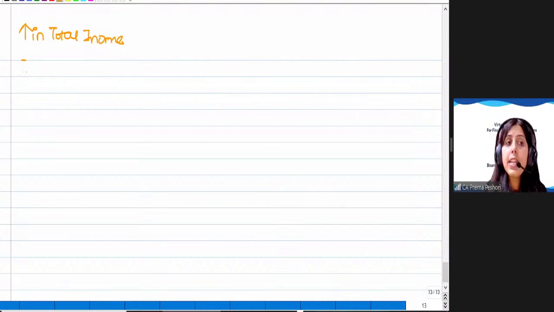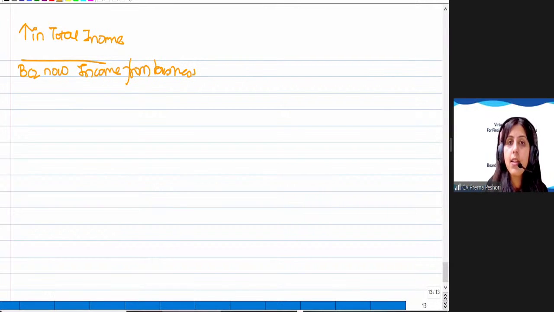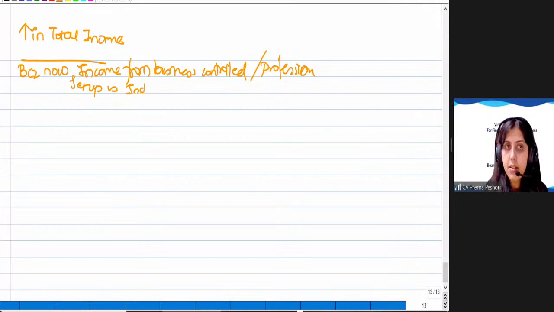So there has been an increase in total income because now income from business controlled or profession set up is included for RNOR. Clear? What will be the other implication?